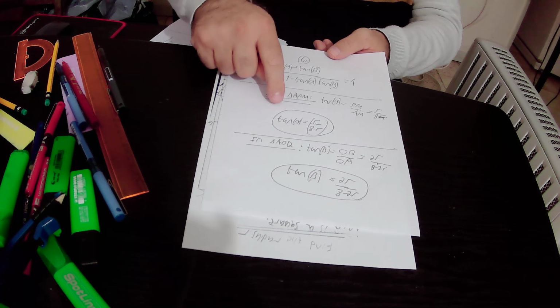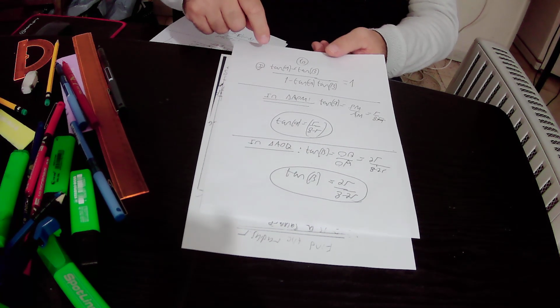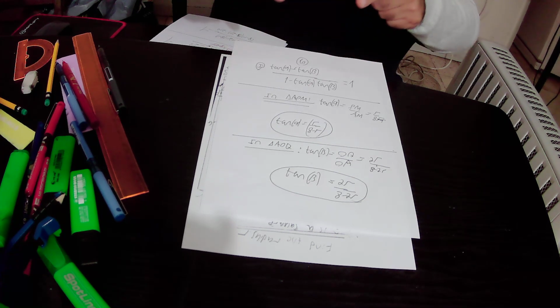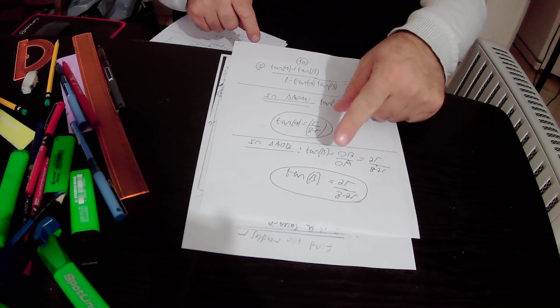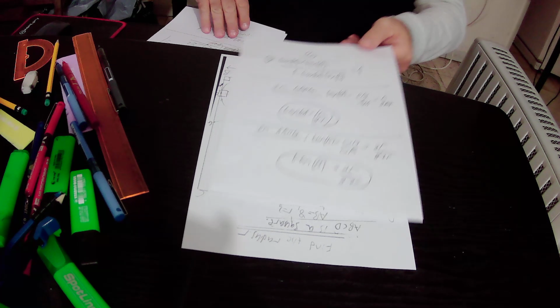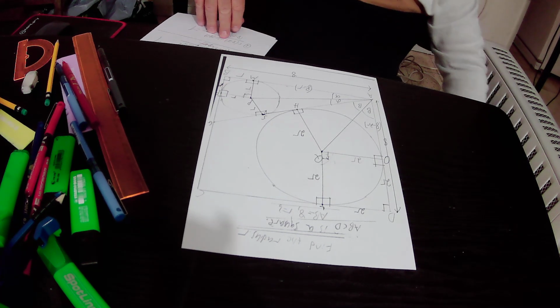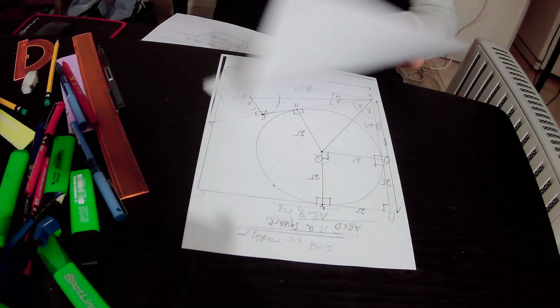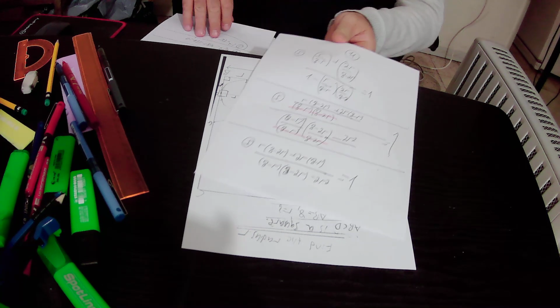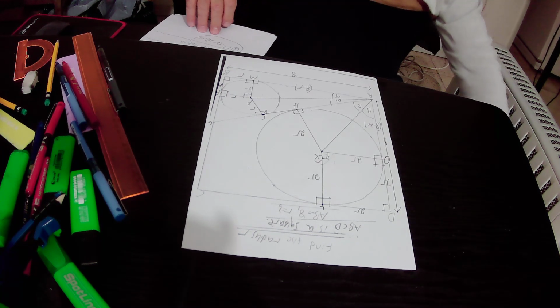So we found the values of tangent alpha and tangent beta, and we substitute them in equation number 1, and we got this equation. We solved this equation. We got 2 answers.